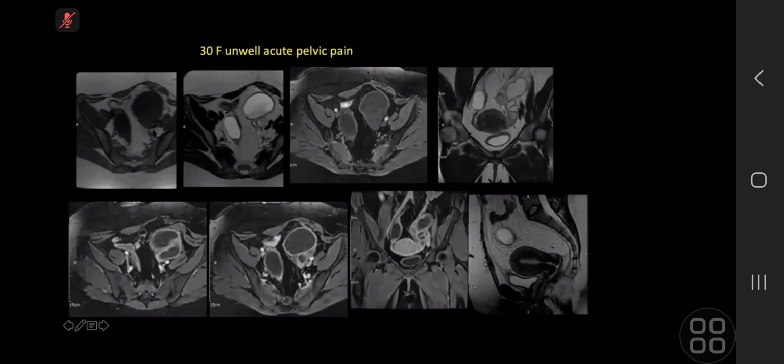Okay, so I can see large bilateral pelvic cystic lesions. They are hypointense on T1, hyperintense on T2, and hypointense on fat-saturated T1. On coronal, I can see that on the left side, it is of convoluted appearance.